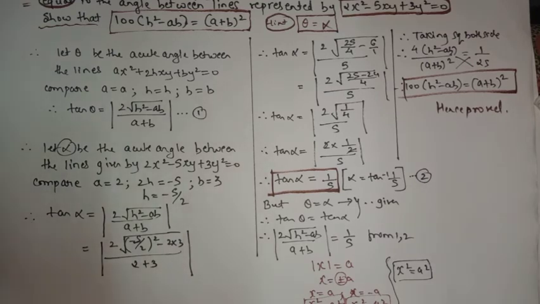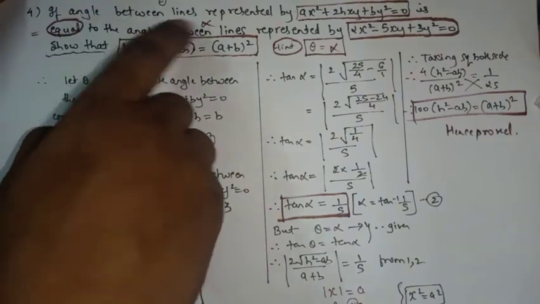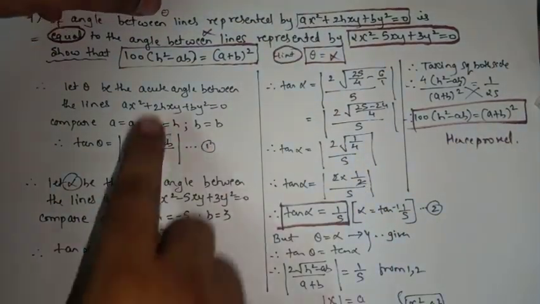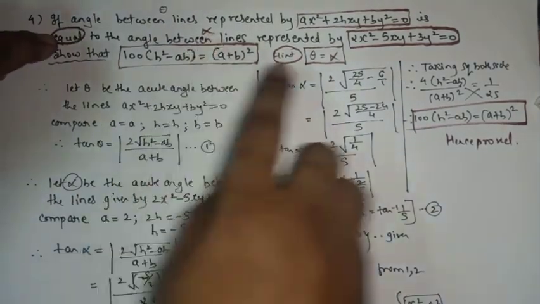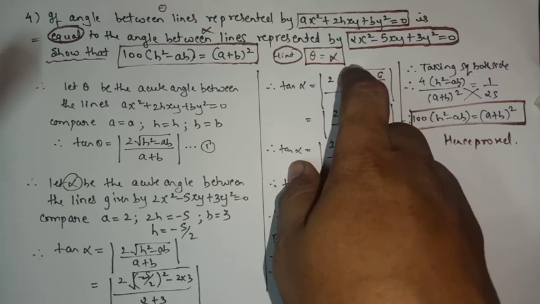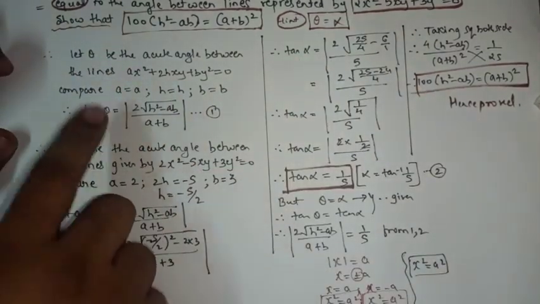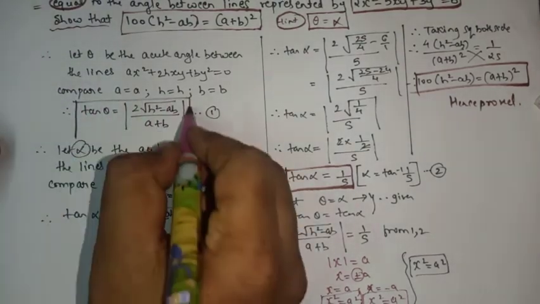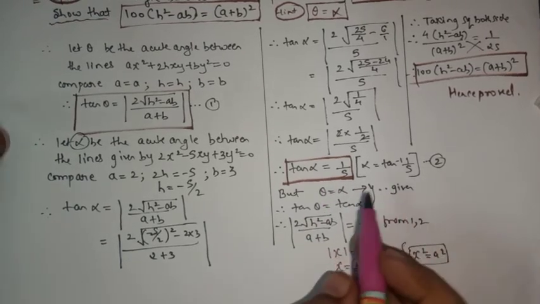So, got the idea how to solve the sum? Again I will explain the condition which was given. Angle between the lines: we don't know the angle, so I took theta. For the second one I took alpha. As both the angles are equal, theta is equal to alpha. Give this as condition number 1 and this part as condition number 2.